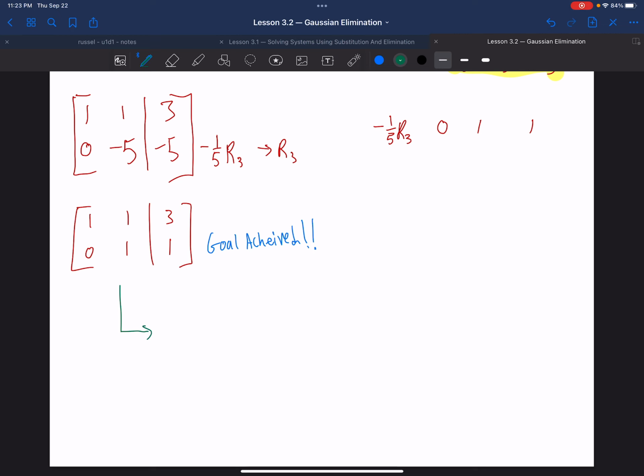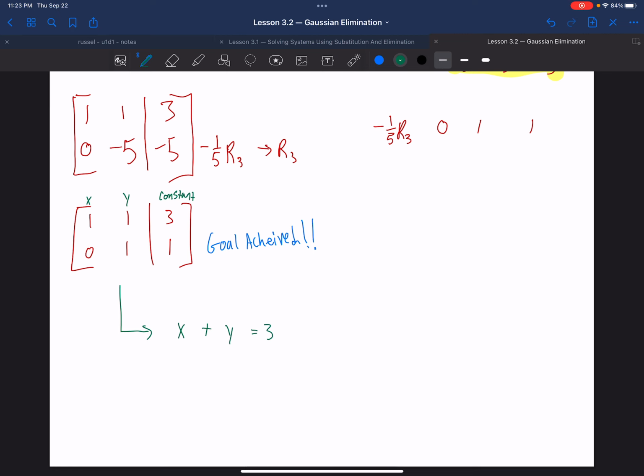Convert this to a system of equations. Now, keep in mind what your columns represented. X, Y, and constant. So, doing the first row, you have X plus Y equals 3.